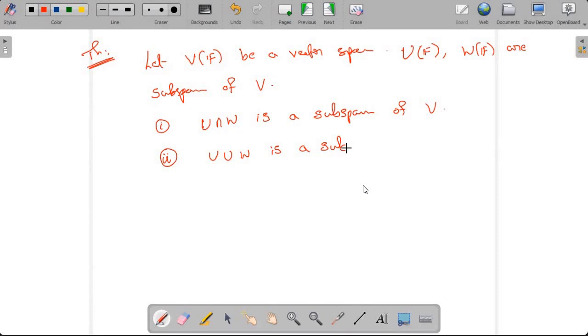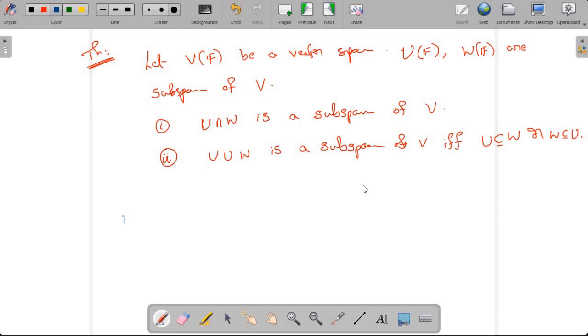But U union W is a subspace of V if and only if U is contained in W or W is contained in U. So in these two cases only, union can be a subspace. In rest of the cases, it is not. But when it comes to intersection, there are no restrictions. Intersection of any two subspaces is a subspace.